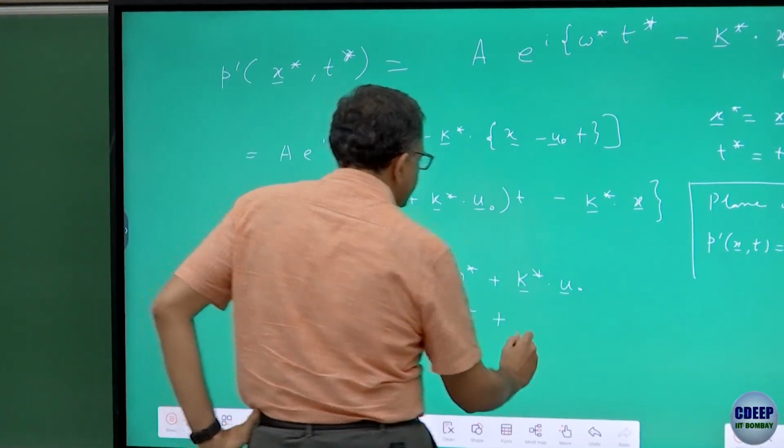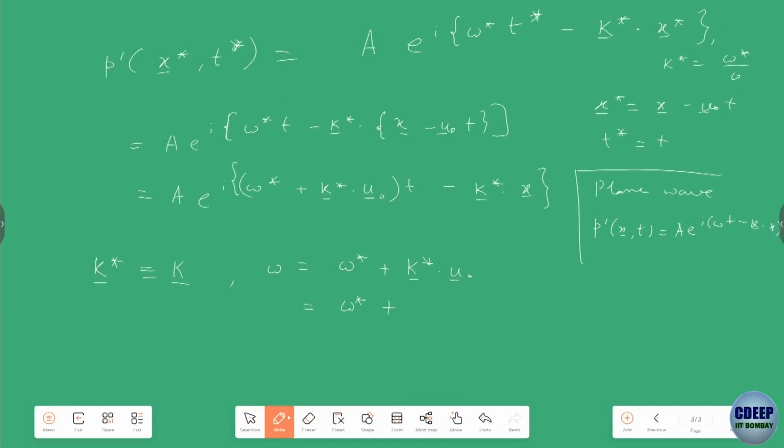So this kappa is kappa star, and so I can say there is a kappa hat dot u naught times the kappa star.